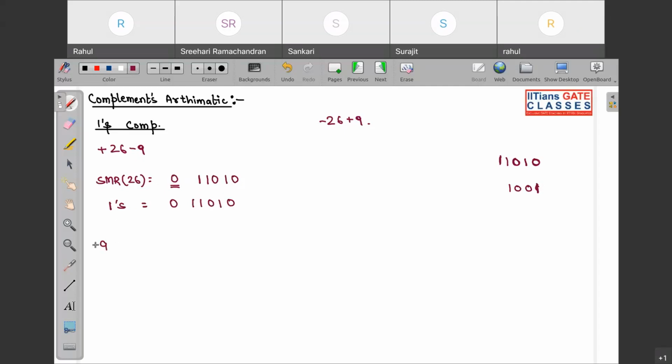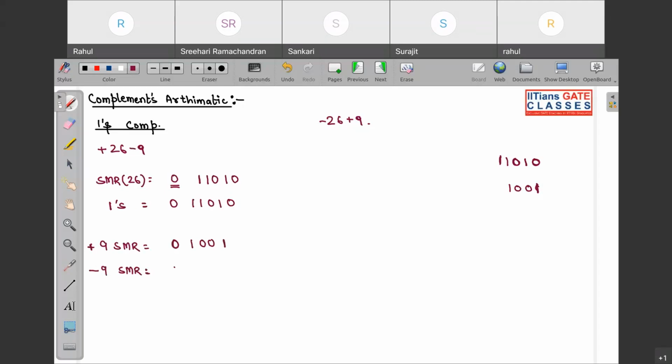So 9 in sign magnitude representation, it will be what? Plus 9, if I have to talk about plus 9, so this will be 0 1 0 0 1. But here what I have is minus 9. So for minus 9, your ones complement is also different. So that will be what?